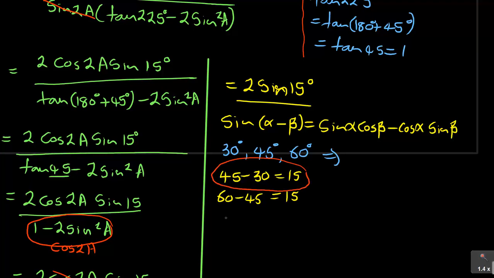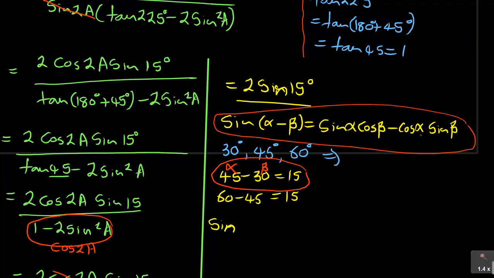So when I write it now, it will be sine. In this case, my 45 is my alpha, my 30 is my beta, and I'm going to follow this identity here as is, so that I can substitute in it. So I'm having sine, my alpha is 45, my beta is 30, is equal to sine 45 cos 30 degrees.